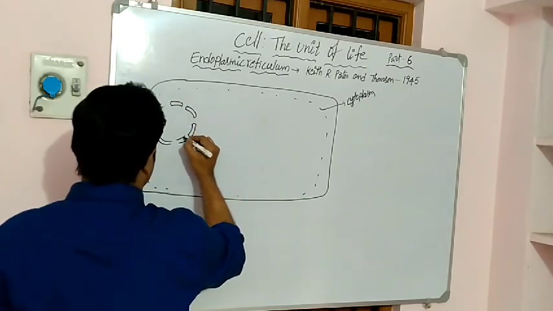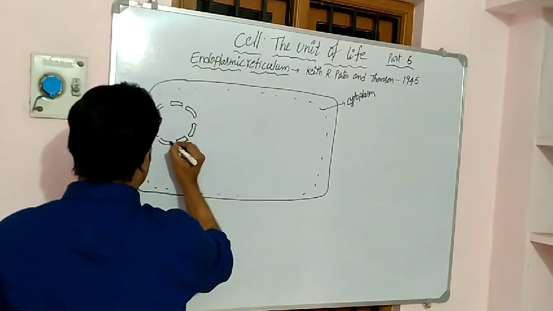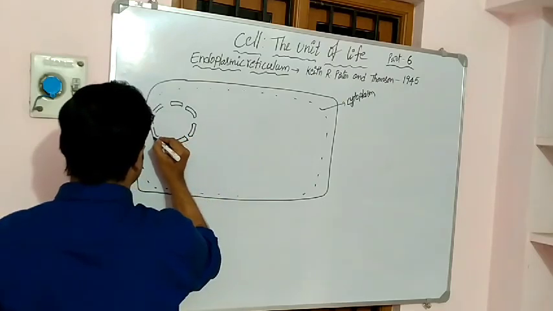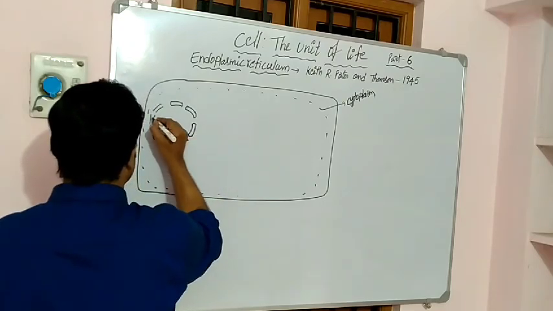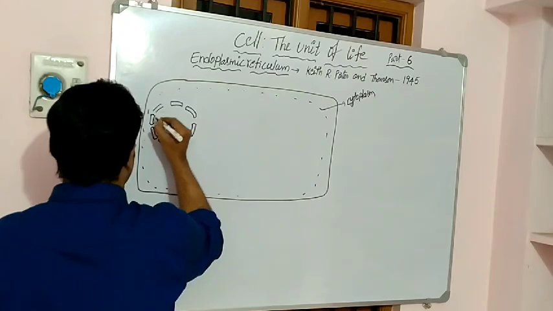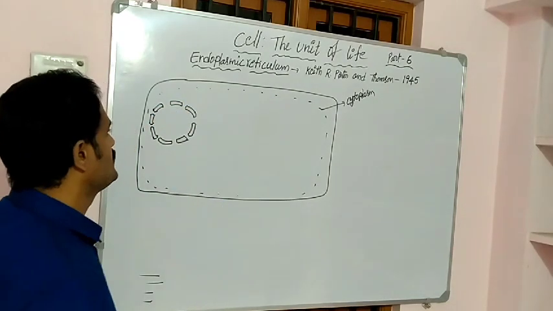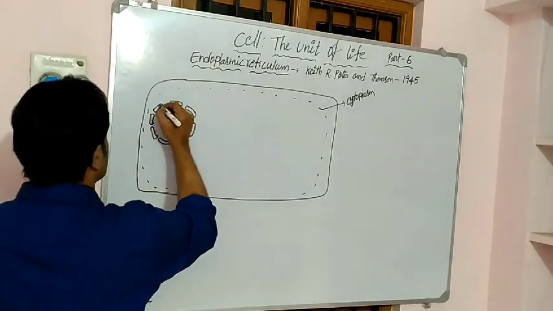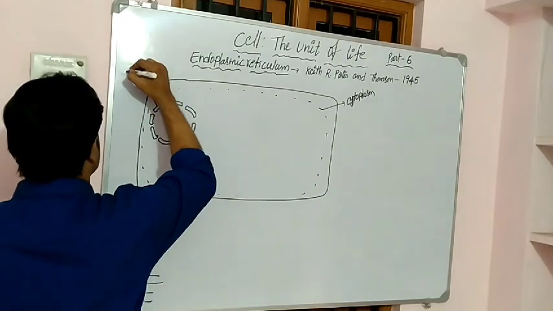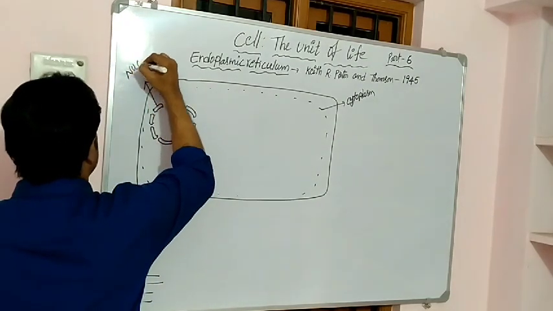This organelle is the nucleus. Eukaryotic cells have a proper, double membranous nucleus.